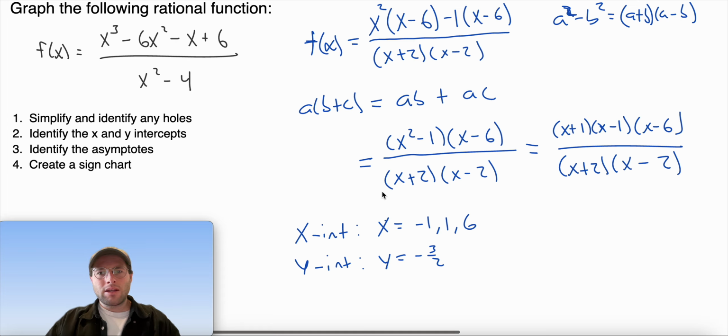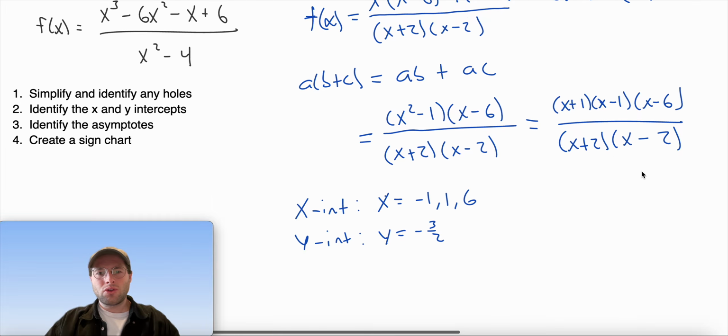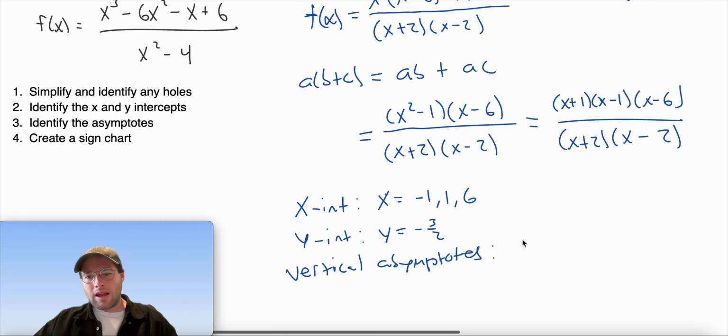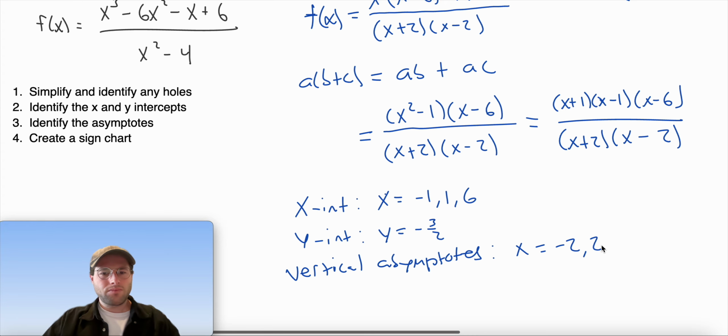The vertical asymptotes are going to occur when our denominator is equal to 0, because then we would be dividing by 0, which we cannot do, that is undefined. And that's going to occur when x equals -2 or x equals 2. So we're going to have vertical asymptotes at x equals -2 and 2.